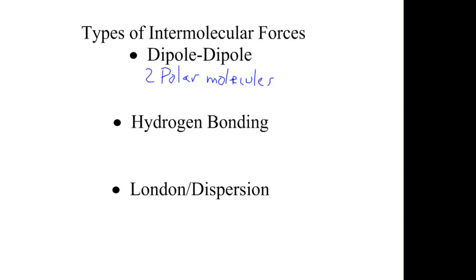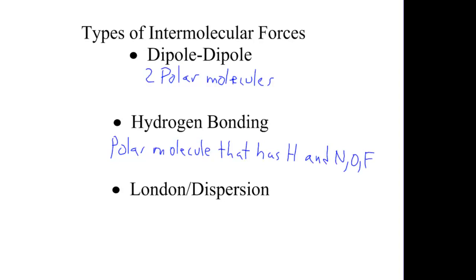Hydrogen bonding is the special case where we have a polar molecule that has hydrogen and either nitrogen, oxygen, or fluorine.